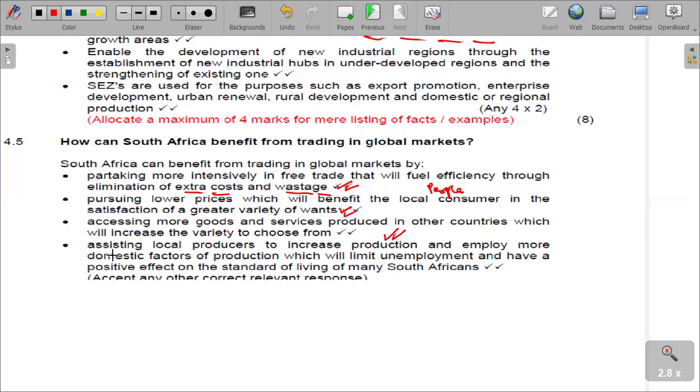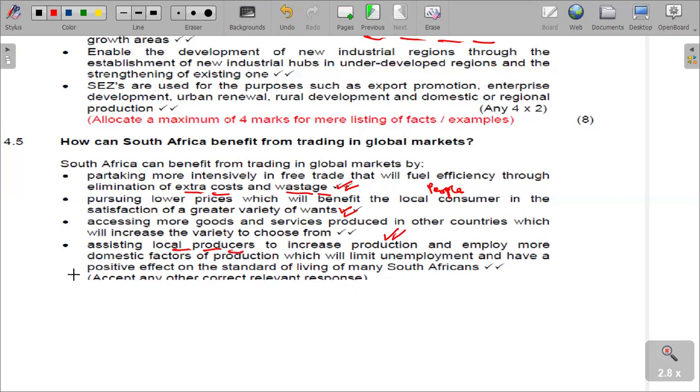Our local businesses would also be able to sell internationally and then employ more domestic factors of production, which is the creation of employment, which limits unemployment and has a positive effect on the standards of living of people.